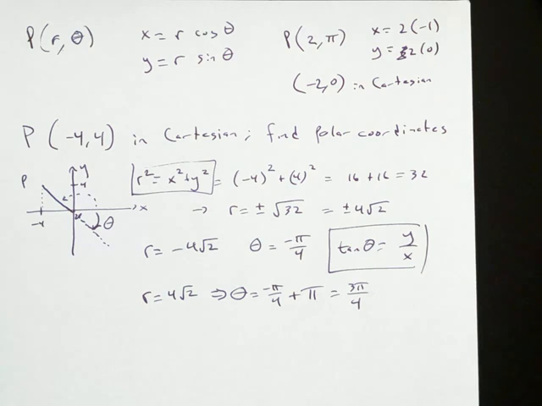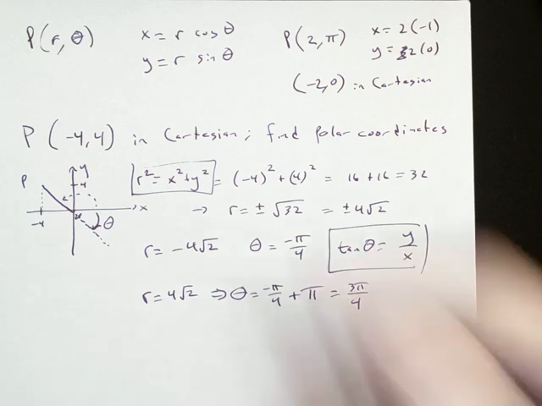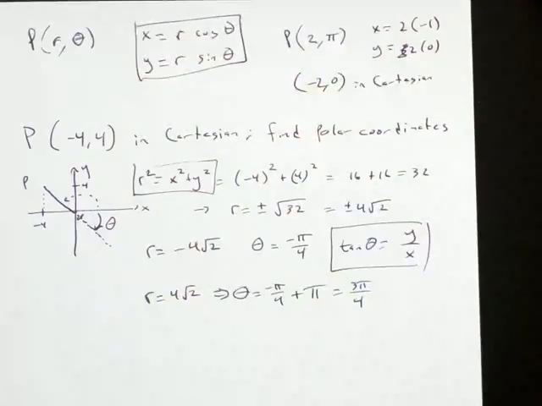It gives me negative 45 degrees. But now I have my conversion equations. I have the ability to get from r and theta to x and y, and the ability to get from x and y back to r and theta. This will be important later. Questions?